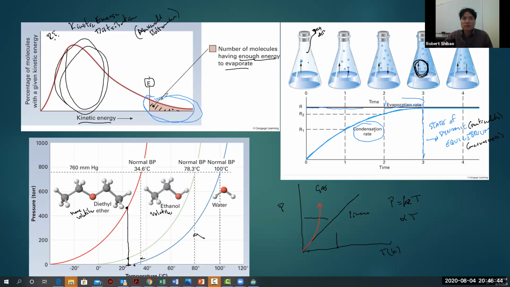As we go to higher and higher temperatures, we get more and more evaporation, and therefore more and more gas particles. So the increase in pressure is much more dramatic than here, where the number of gas particles is fixed. Here, the moles of vapor are increasing.